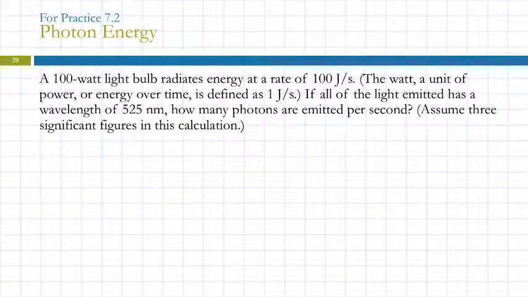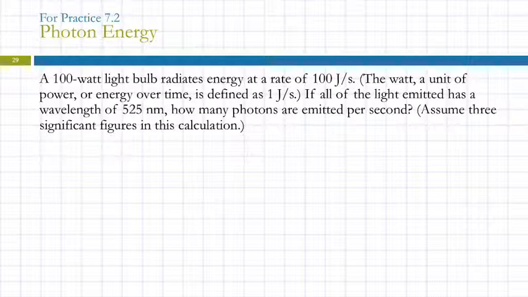We can calculate things. A 100-watt light bulb radiates energy at a rate of 100 joules per second. A watt is defined as a joule per second. If all of the light has a wavelength of 525 nanometers, how many photons are emitted per second? So this is a dimensional analysis problem.